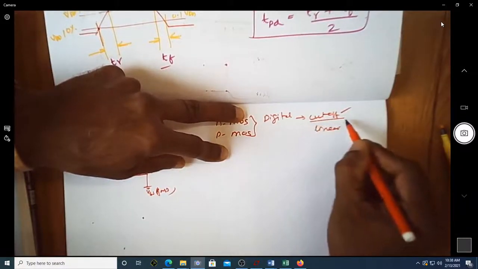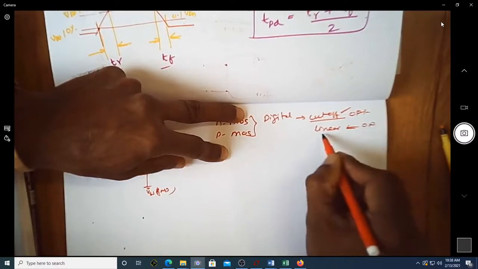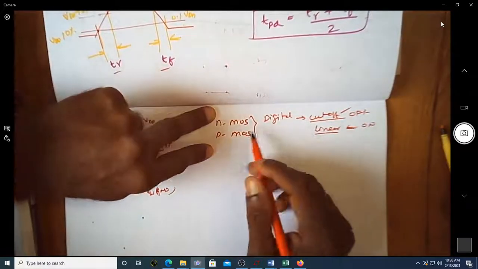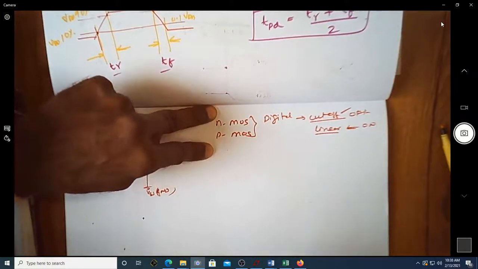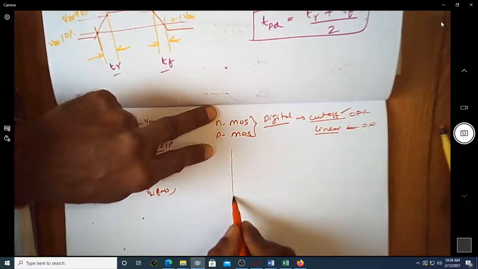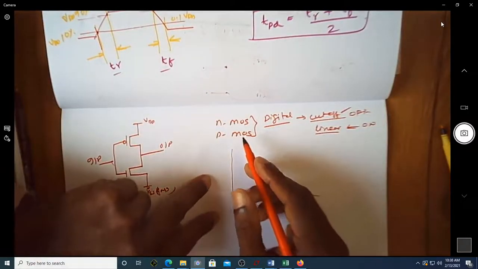If the MOSFET is on, we consider it in linear region. MOSFETs are not supposed to operate in saturation region in case of digital circuits.